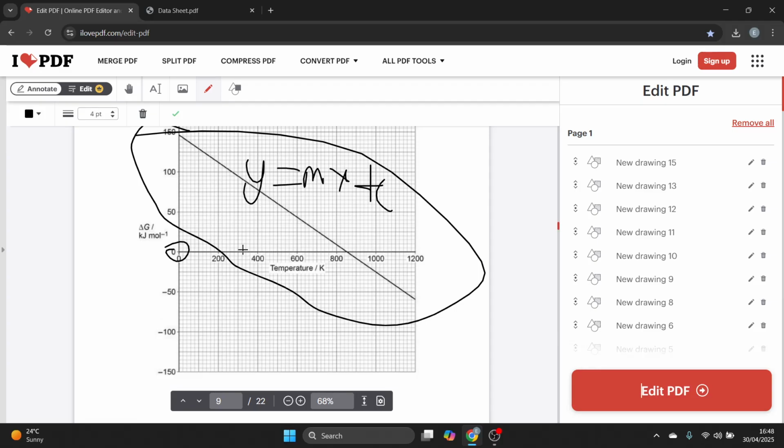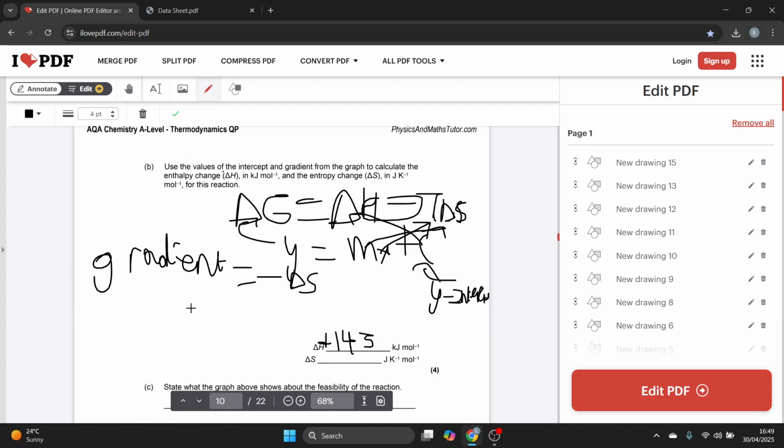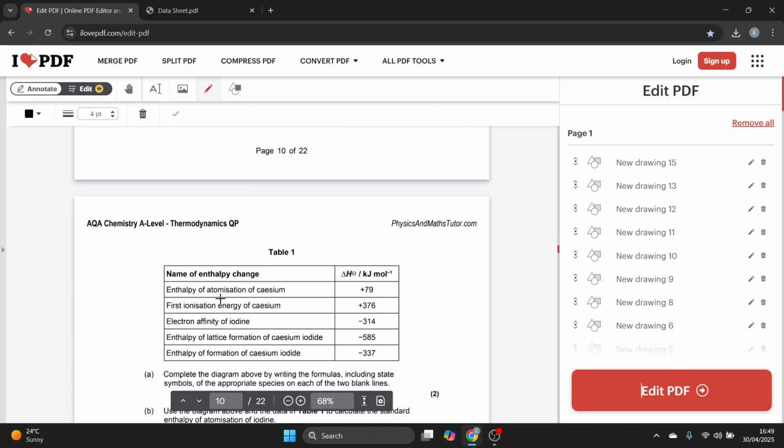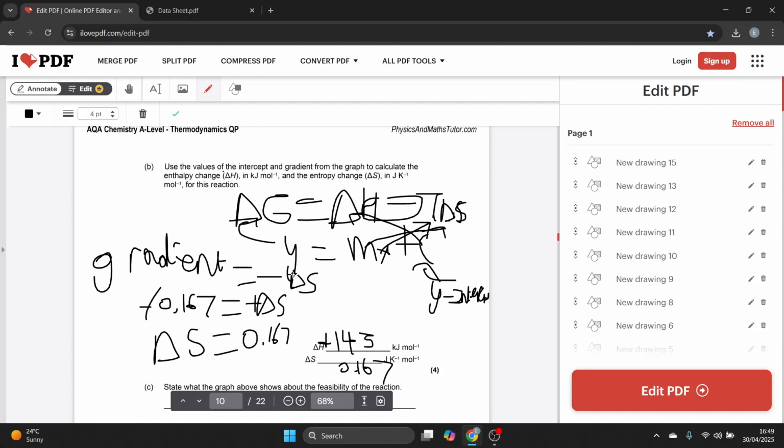And you should get the gradient as minus 0.167. So minus 0.167 equals minus delta S. Negatives cancel out. You get delta S equals 0.167. Okay, so that's it. Let's move on.